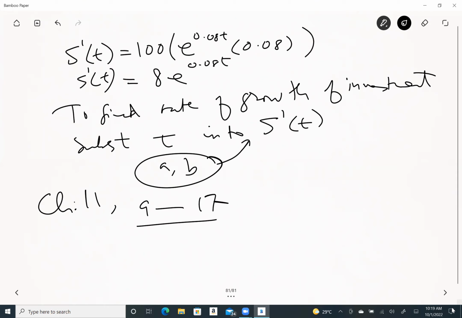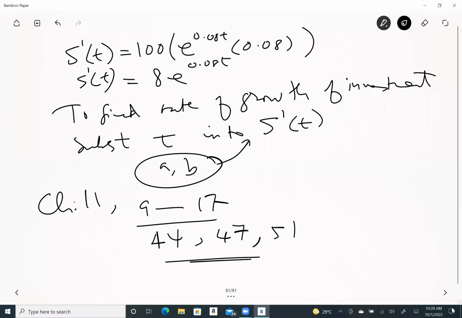And then for the application, you do 44, value. And then we can do one more: 47, that is the marginal cost, and 51.